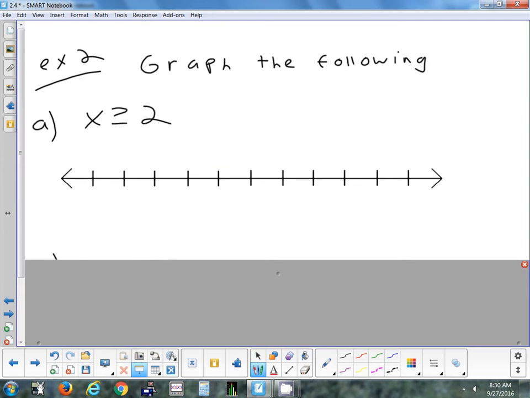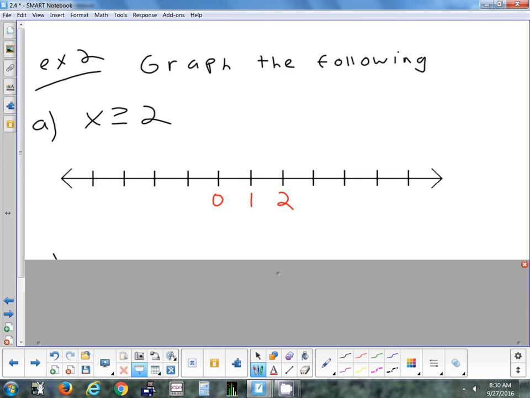What's the first thing I have to do? Rachel? Yeah, I gotta put a point at 2, and I really need to number my number line because I don't even know where 2 is right now. So I'll just put 0, 1, 2. You don't have to number the whole thing, just number a few so I know where we're at and what the scale is.